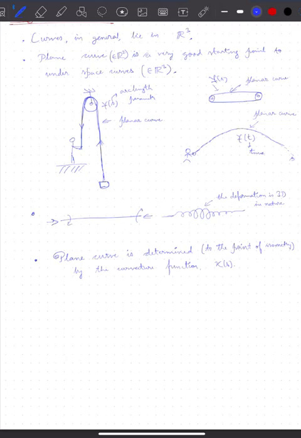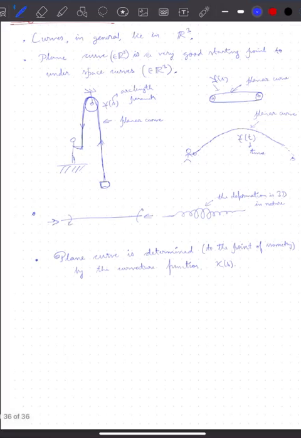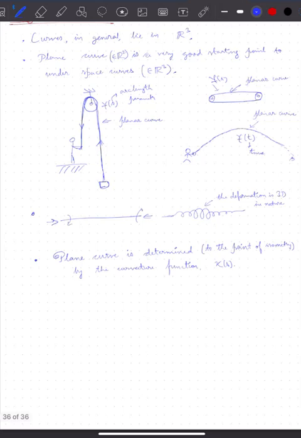Say you have a curvature function, you can always construct a unit speed curve and then determine the curve, and any other unit speed curve is going to be just an isometry of this. So up to isometry, we always have one unique curve determined by the curvature function.